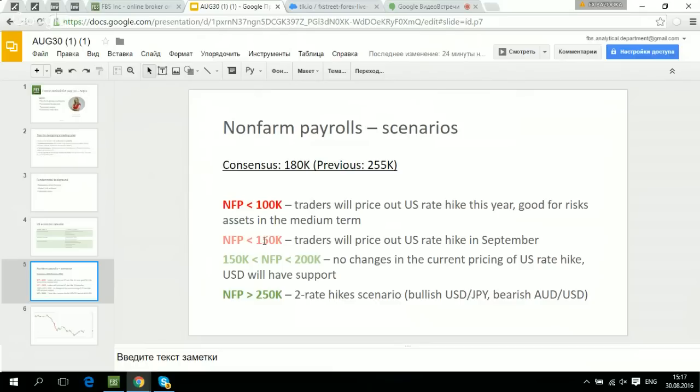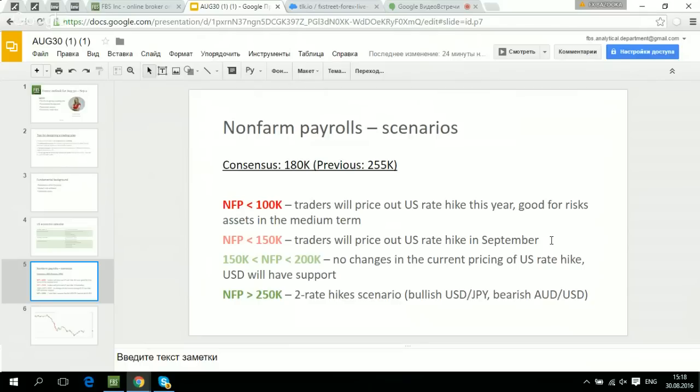I mean, the European Central Bank and the Bank of England. So this scenario will lead to some decline of the US dollar, not a big sell-off, but still the US dollar will weaken.